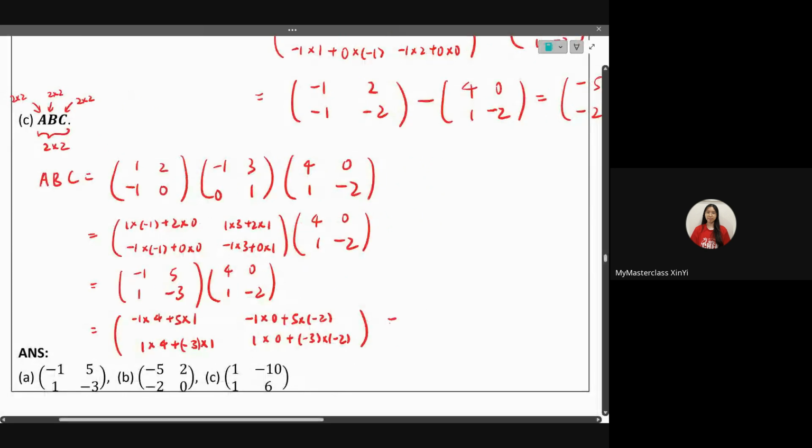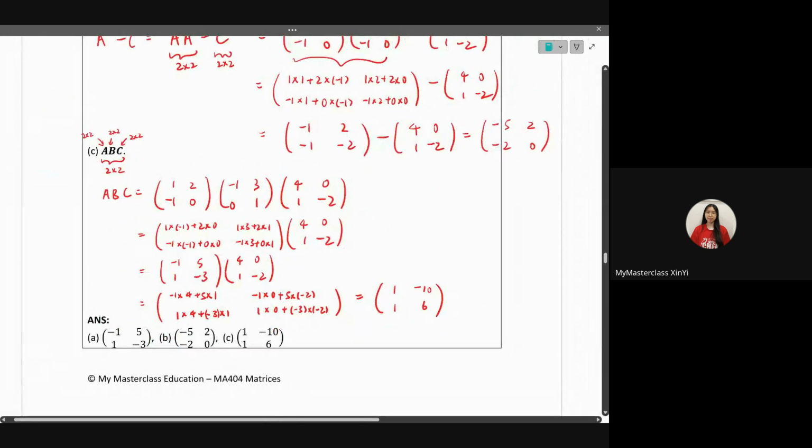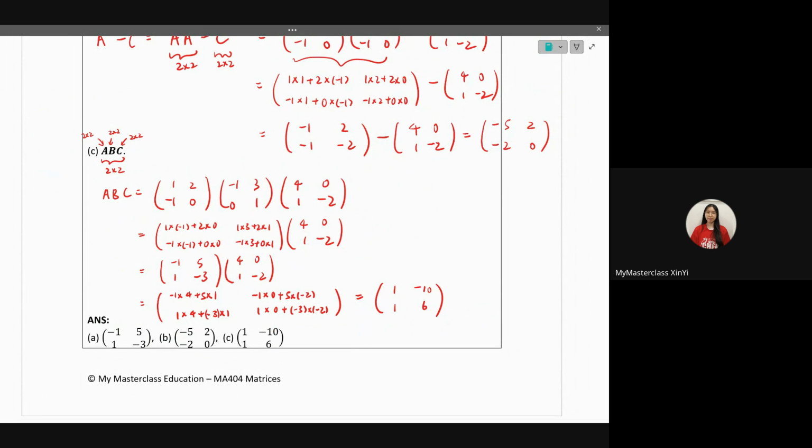Then this will finally give you 1, 1, negative 10, and 6. So for matrix multiplication, you just have to be very careful. Just remember your final outcome should come from this combination.